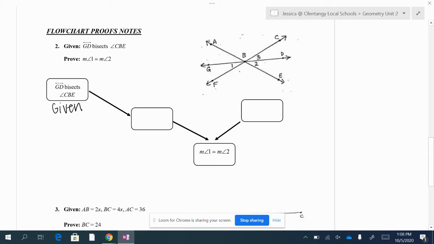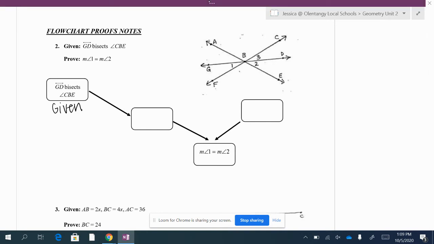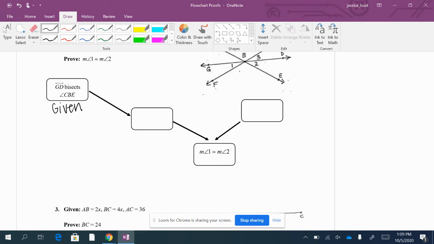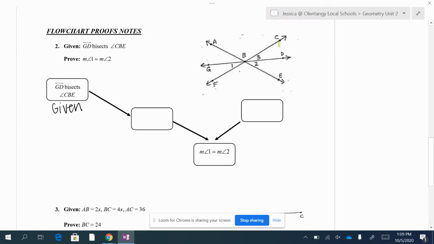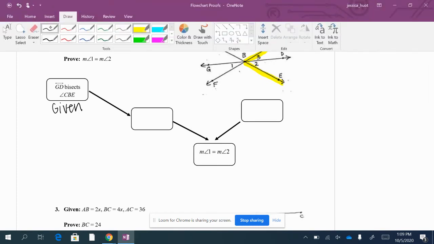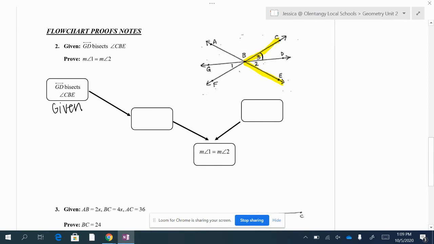Okay, let's look here. GD bisects CBE. Okay, well here is angle CBE, and that line bisects it, meaning it's going to cut that angle exactly in half, so I know that these two angles are congruent.